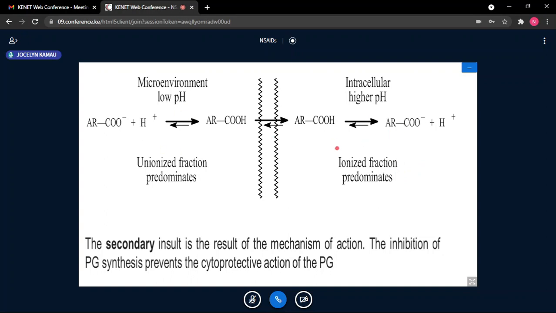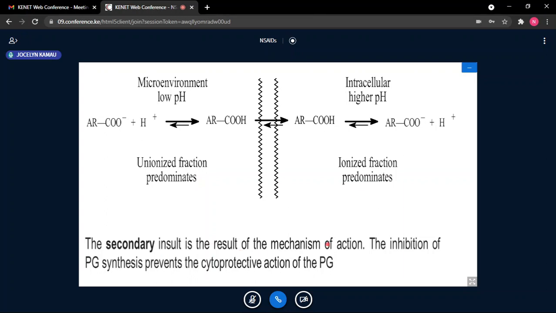Remember, hydrogen ions are pumped out in the last step of synthesis of hydrochloric acid in the stomach, a step whereby the hydrogen ions are pumped out against a concentration gradient, I mean active transport. So these hydrogen ions which are generated can again be pumped out through active transport and further decrease the pH of the stomach, again causing a lot of irritation.